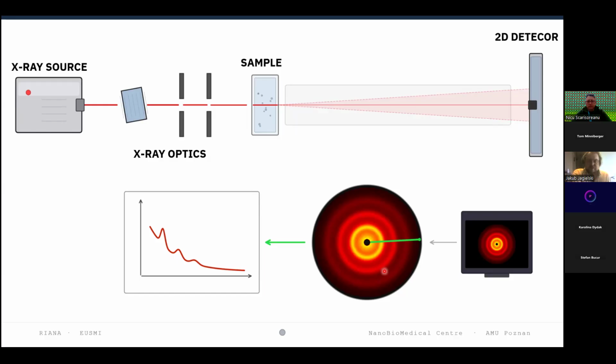The 2D pattern is azimuthally integrated to produce a one-dimensional scattering curve of intensity versus the scattering vector Q. So the position of the peaks in this curve directly encodes the symmetry and lattice parameters of the internal nanostructure.